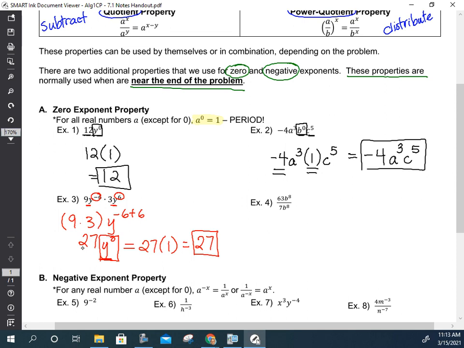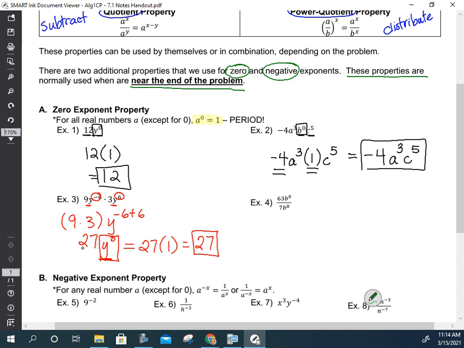Questions, example 3. So let's do example 4. Move to negative exponents.